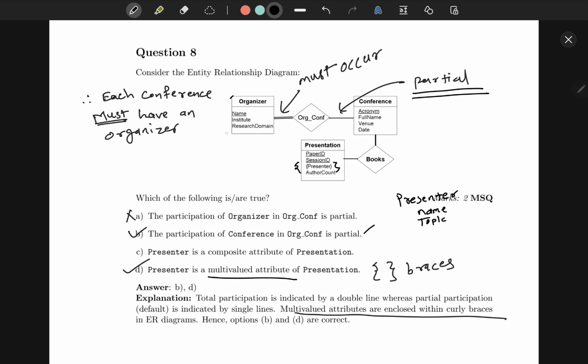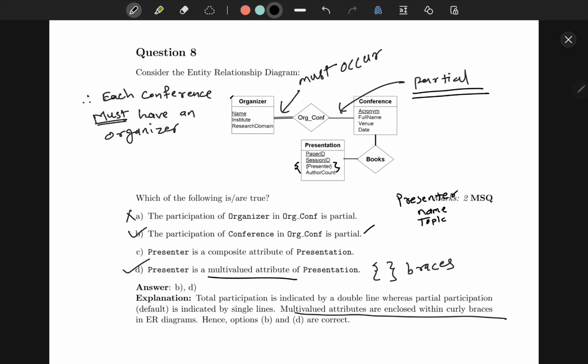That is, this whole thing is interpreted as each conference must have an organizer, but every organizer may or may not organize a conference. Hence, we are asked which of the following are true. The participation of organization is a must, that is, it is called full participation, and conference has partial participation. Hence, option B is correct.